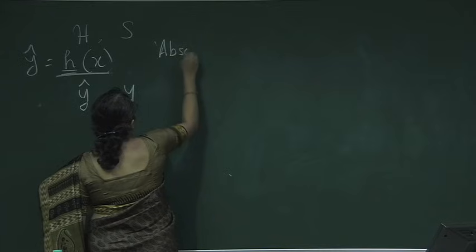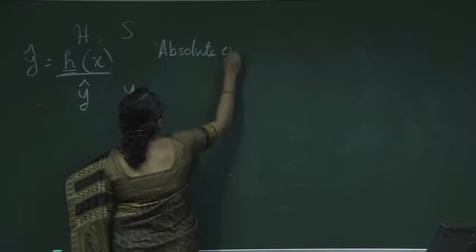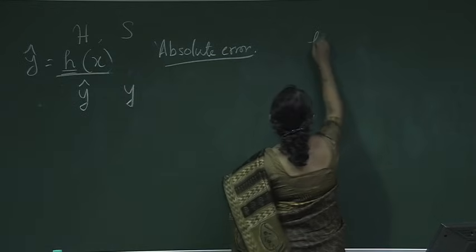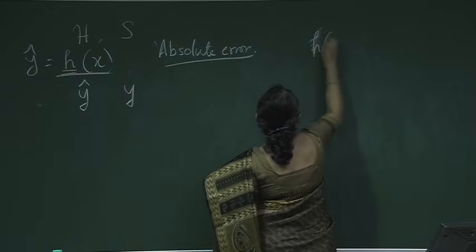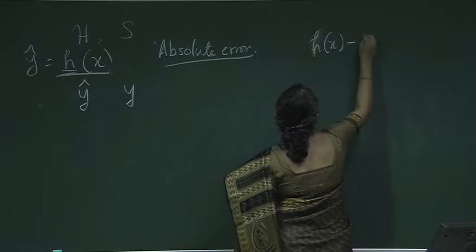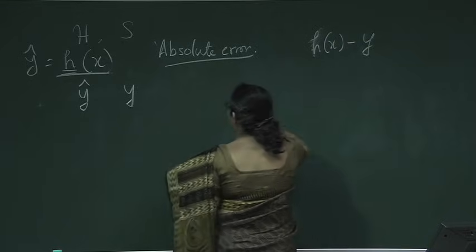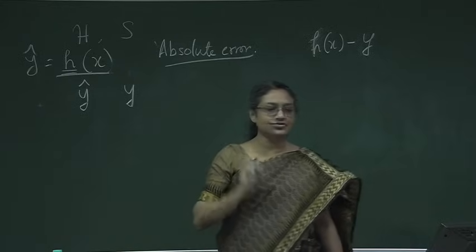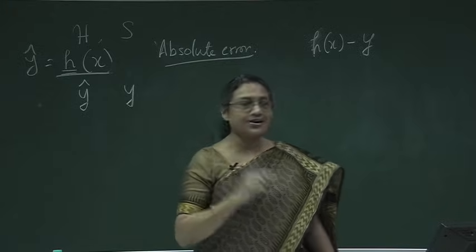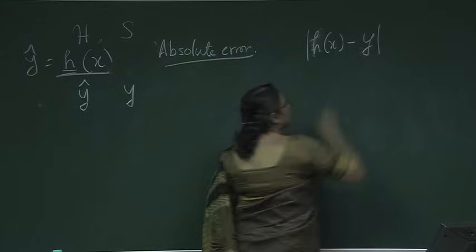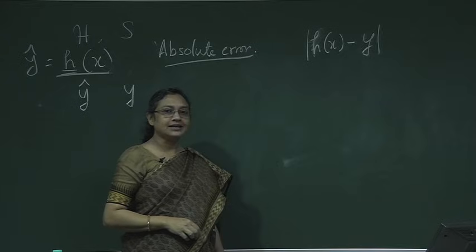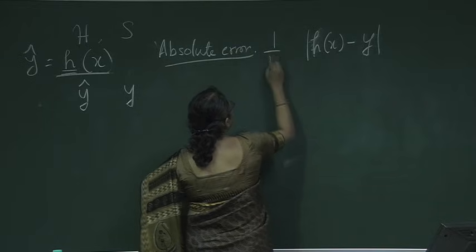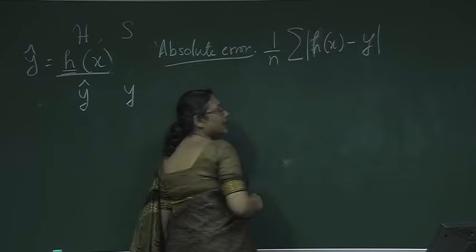Absolute error is measured by |h(x) minus y|. So, h(x) is your y hat. So, |h(x) minus y| is the absolute error on a single training example. If you have multiple training examples, let us say n training examples, then you can take the average of them.